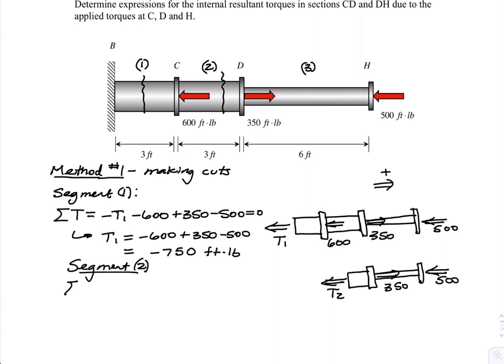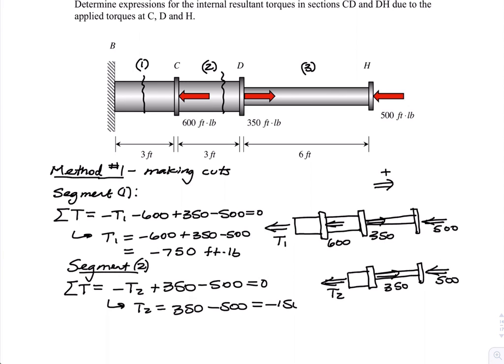So here, when I sum my torques on this, what I get is a minus T2, a plus 350, minus 500. For equilibrium, that's a 0. So T2 is equal to 350 minus 500. So that's minus 150 foot-pounds.